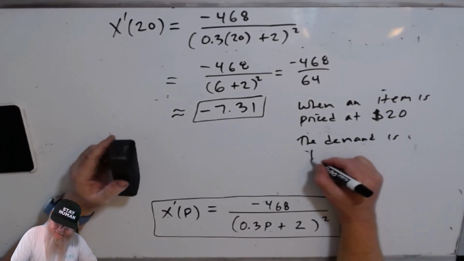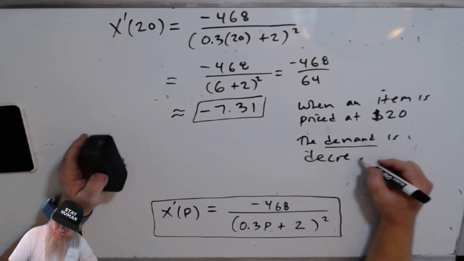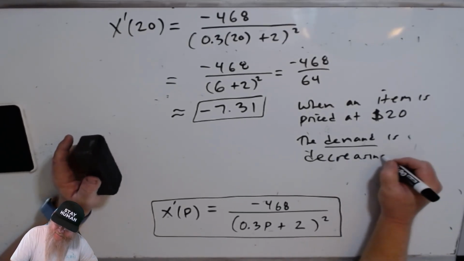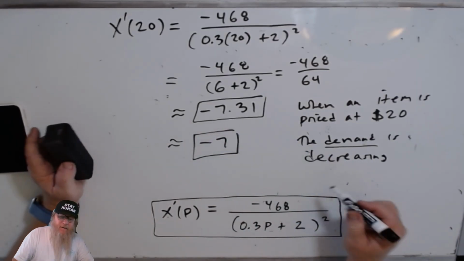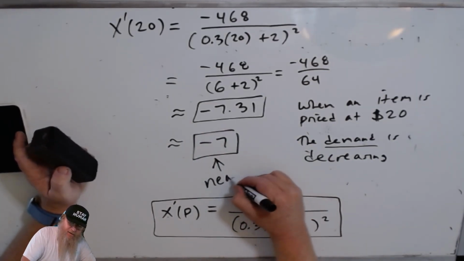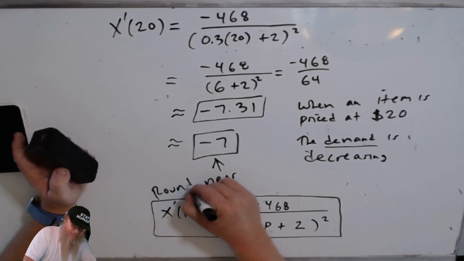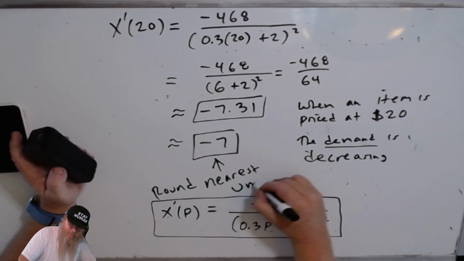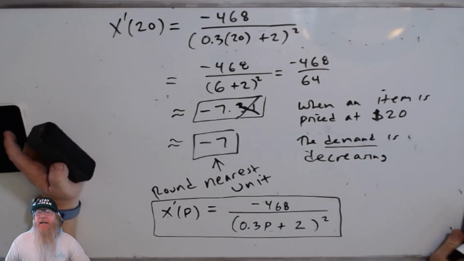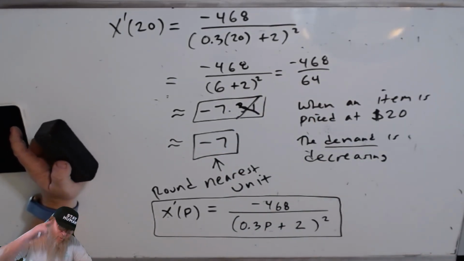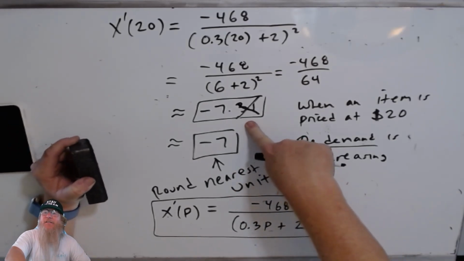and I got to fix my answer here. As soon as I wrote the word demand, right, round to the nearest unit. So you can't have 0.31. I know I said that like 3 times, but my brain switched back to dollars and cents mode.